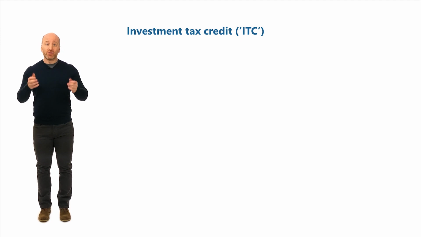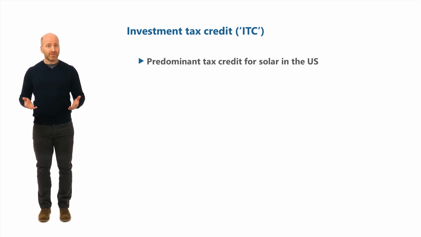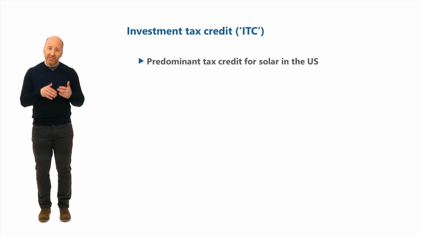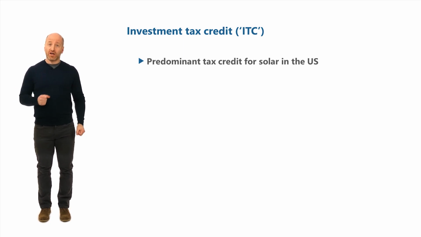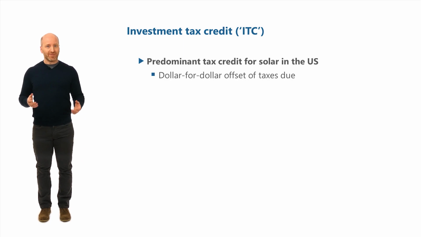The other common renewable energy tax credit in the US is the investment tax credit, or the ITC. And the investment tax credit is the predominant tax credit for solar. But actually, wind projects can also choose the ITC in lieu of the production tax credit. And just like the PTC, the ITC is also a dollar-for-dollar offset of taxes due.